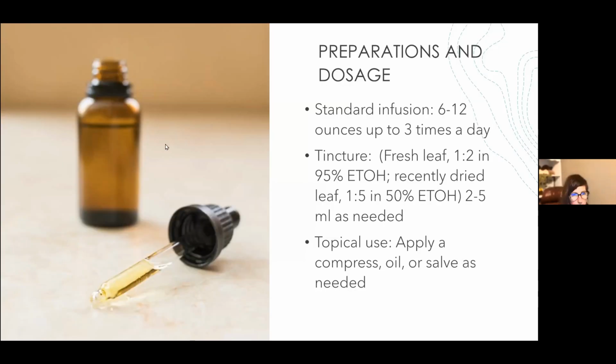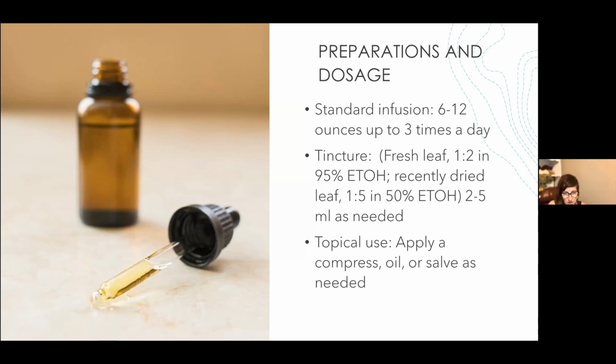All right. And so we can do this as a standard infusion, anywhere from 1 tablespoon to an ounce per 2 cups of water. And you can drink as much chickweed as you want if you're making a tea, 6 to 12 ounces 3 times a day.